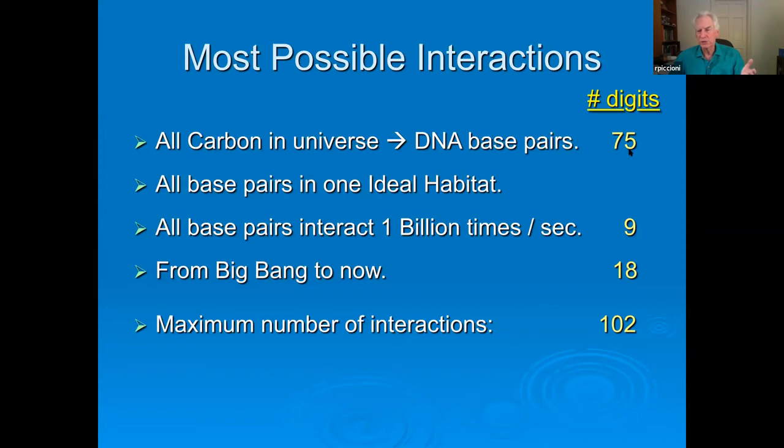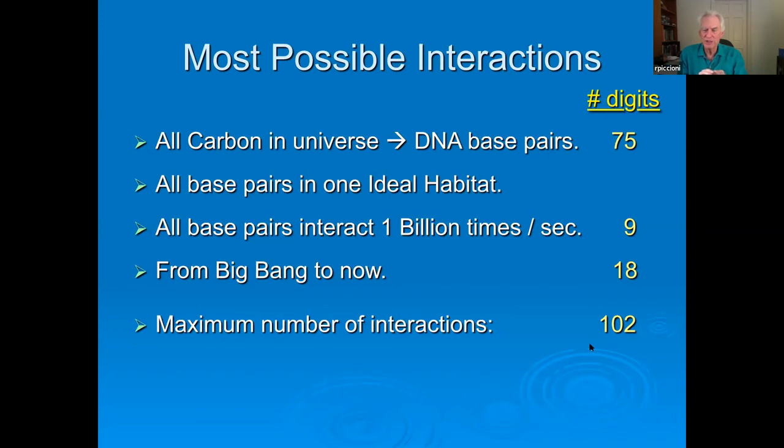So you multiply all of these together, which means you simply add the exponents, and you find out that the maximum number of interactions of nucleotide base pairs in any combination you want, with 0 mortality assumed, for the entire age of the universe, for the entire expanse of the universe, is a number that has 102 digits.